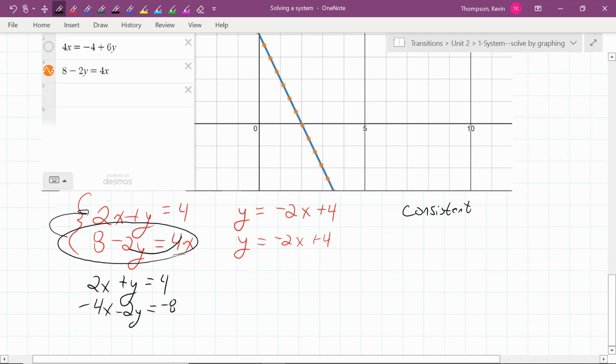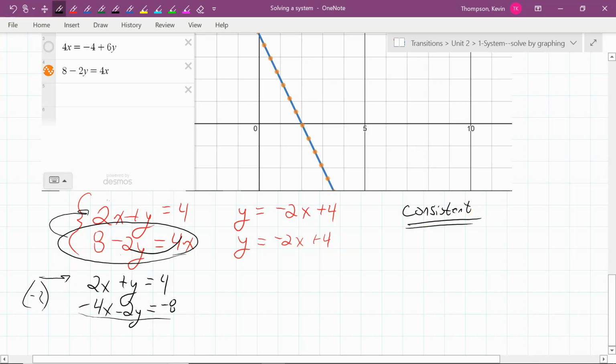So depending on how I rearrange it, you can see here that we took the top equation and multiplied everything by negative 2 to get the bottom equation, which is why we see the same line, right? Multiplying both sides by negative 2, if you do that to everything, shouldn't change the truth of the statement.